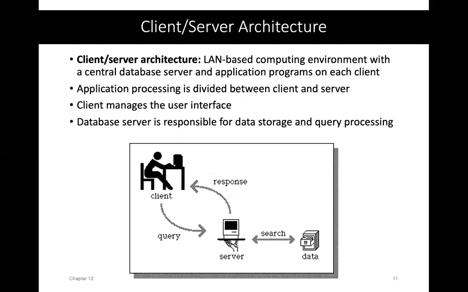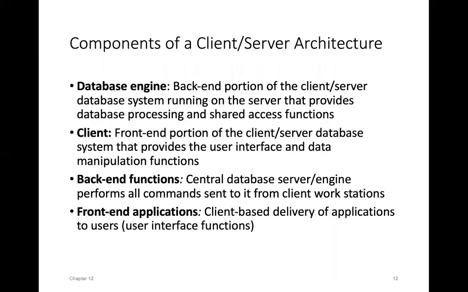So what are the component parts that make up our client server environment? Well, we have this database engine at the back end. The back end portion of the client server database engine runs on the server and does all the database processing. So we note that the processing of the database takes place on the server, and is not going on the local client workstation.